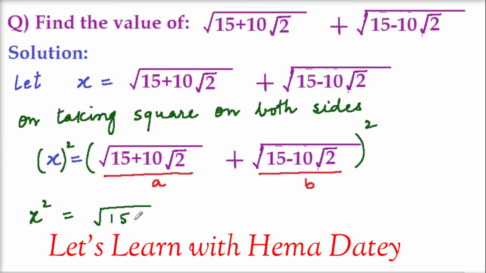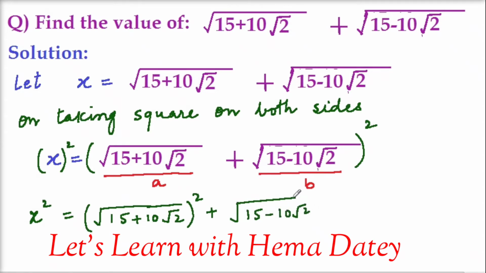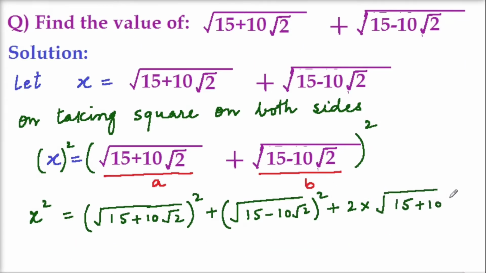So on the right hand side, we are using the identity a plus b whole square, that is equal to a square plus b square, 15 minus 10 root 2, plus 2 times a, means 15 plus 10 root 2, into b, and b is 15 minus 10 root 2.